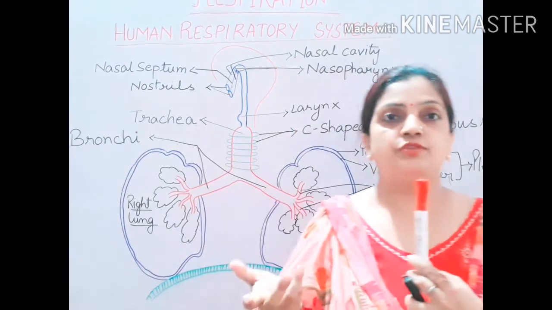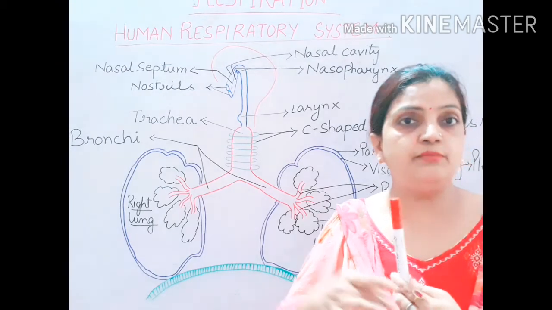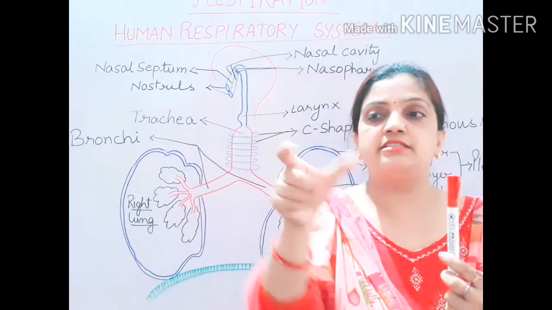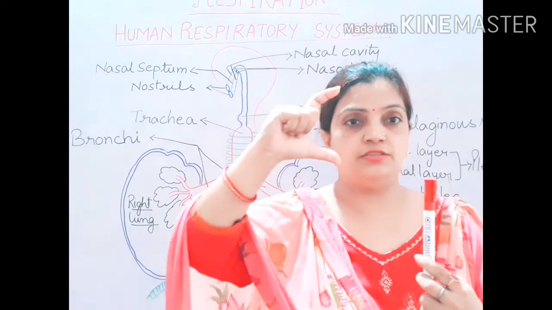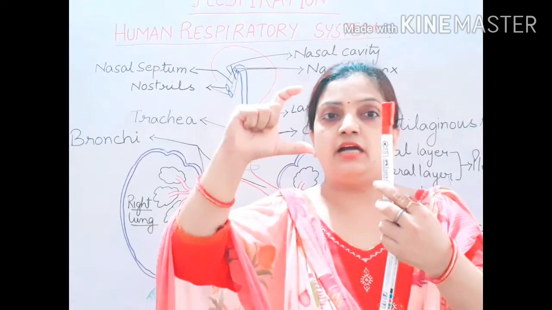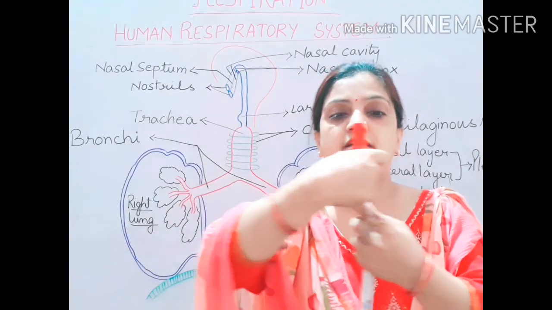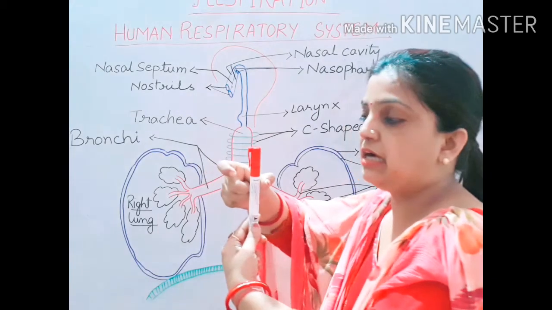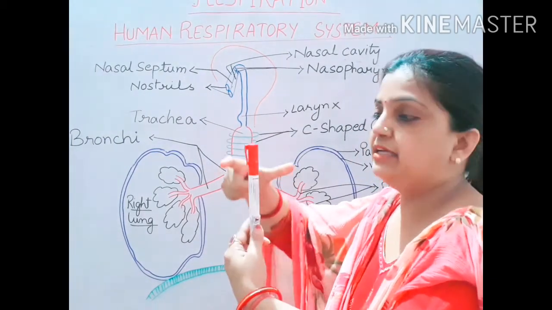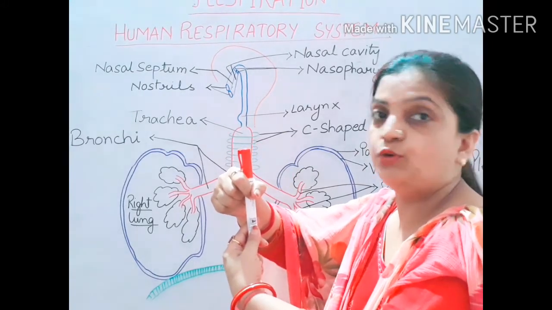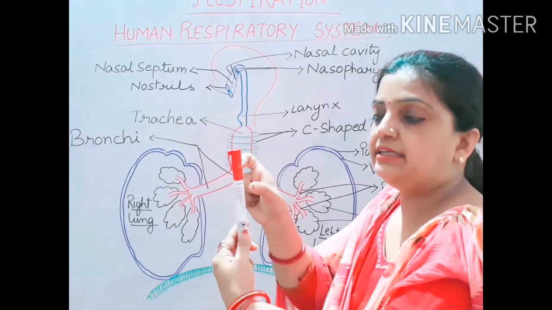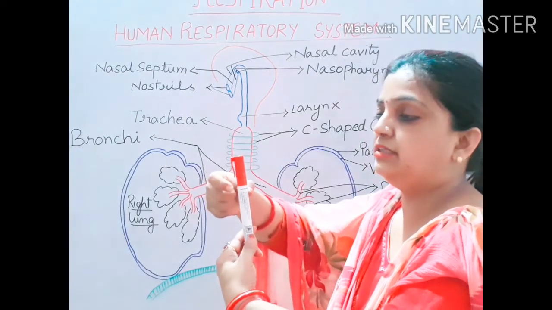There are two types of connective tissues you have studied in 9th: bone and cartilage. So this is the cartilage and it is C-shaped. This cartilage is enclosing the trachea in this way, half. The trachea is not covered fully, completely, but only half. From one end it is touching the trachea this side, and from the other end it is touching the trachea like this.